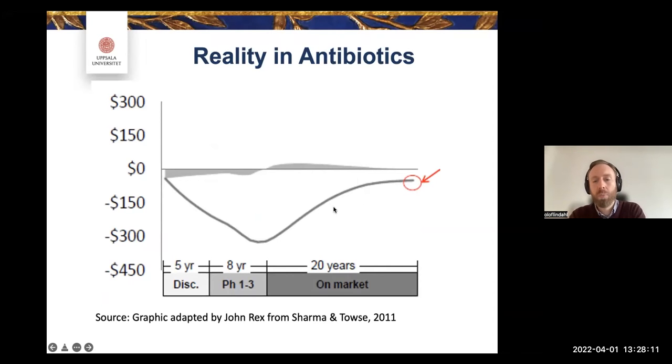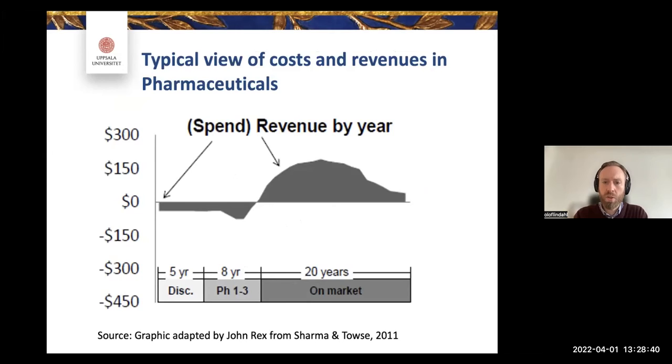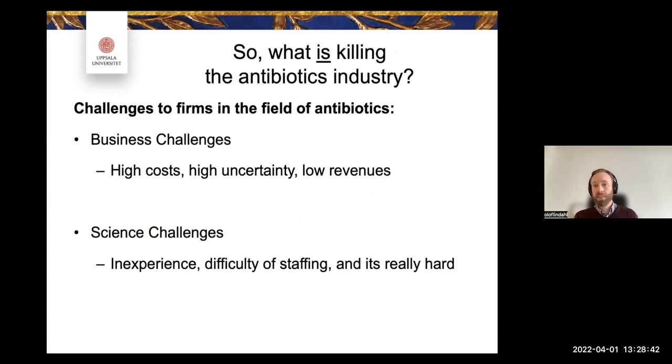When it comes to antibiotics, it costs as much to develop as other drugs, but you don't get the sales. This is what happened to Achaogen. They got sales in the first year of some $800,000, which is chump change when it comes to drug development. And so, I guess you can't pay your bank loans, and you have to go bankrupt. So antibiotics is special in a bad way in this sense.